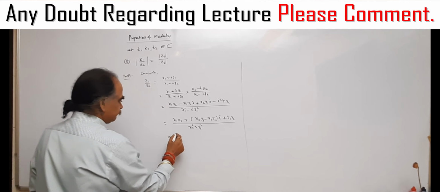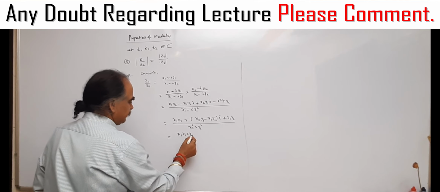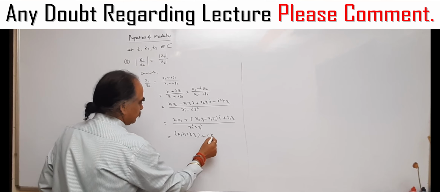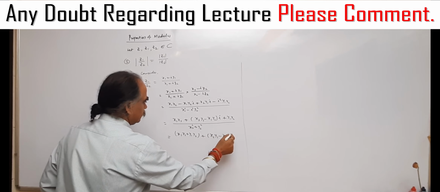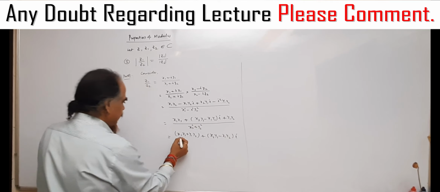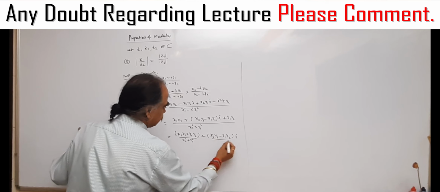So this will give you x1 x2 plus y1 y2 together and x2 y1 minus x1 y2 i divided by, you can separate it, x2 square plus y2 square and here also x2 square plus y2 square.